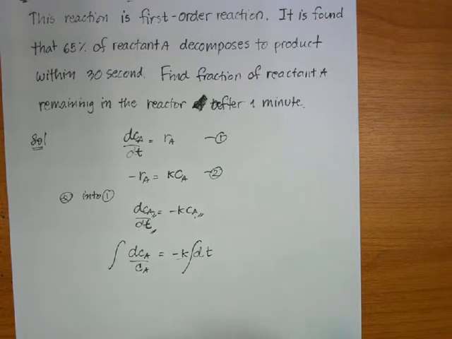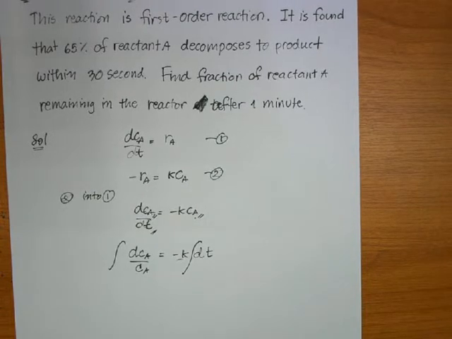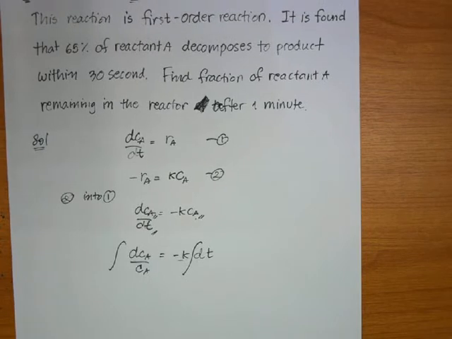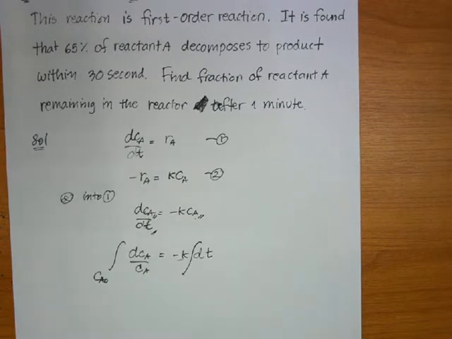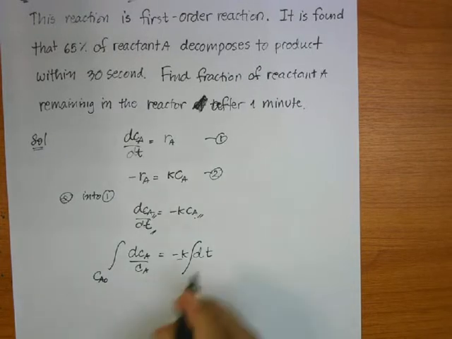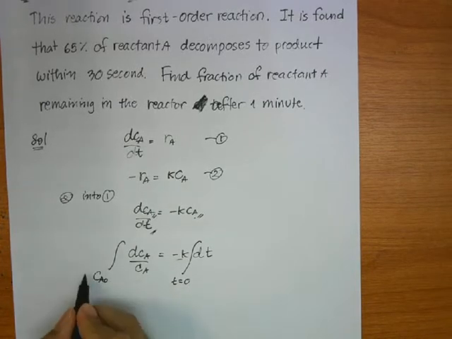Now when we do the integral, we put in the concentration at the beginning. We put it as CA0, the initial condition, the initial concentration of A. At time equal to 0, we have CA equal to CA0.